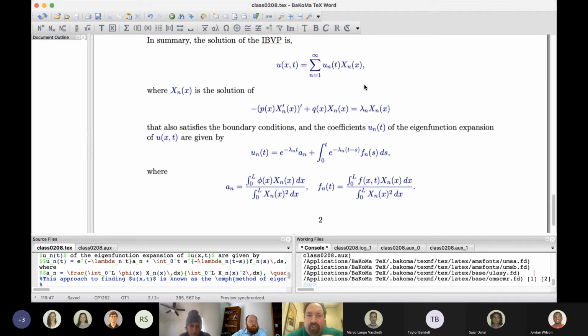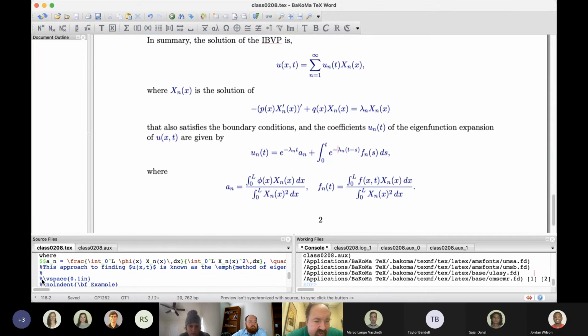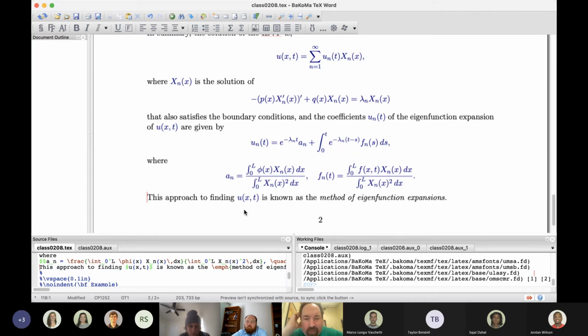Now, that whole process is still a pain, but those are the steps. So really, if you're just trying to solve this problem, this is what you need to know. Everything I did up to this point is just showing where it comes from, but this outlines a solution procedure right here. And this is called the method of eigenfunction expansions.